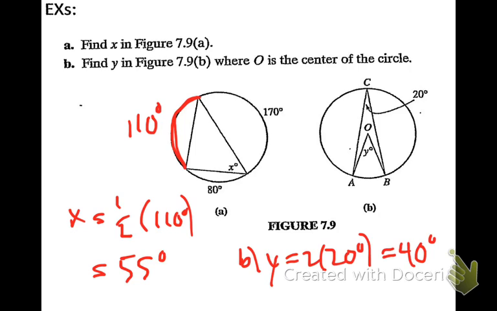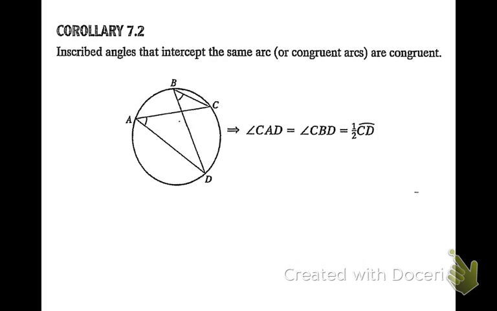All right. Any questions? Okay. Corollary 7.2. Inscribed angles that intercept the same arc or congruent arcs are congruent.